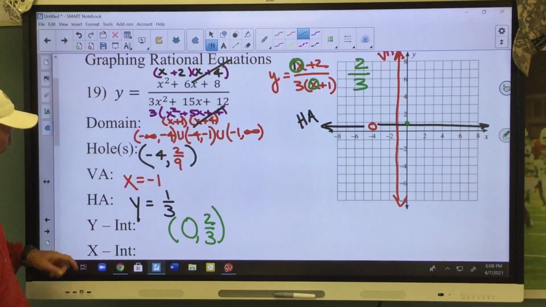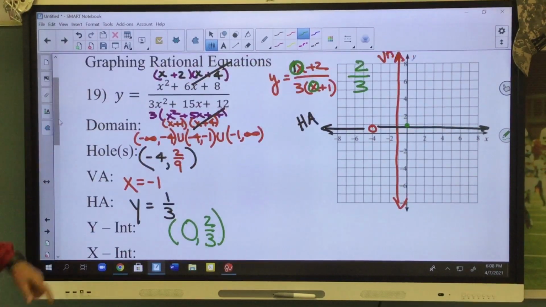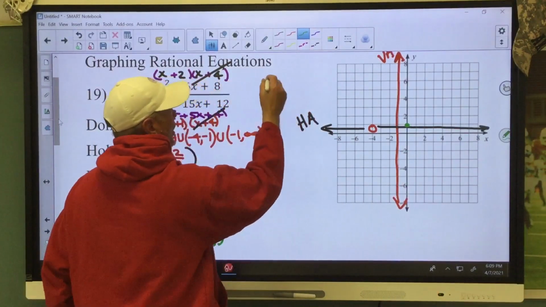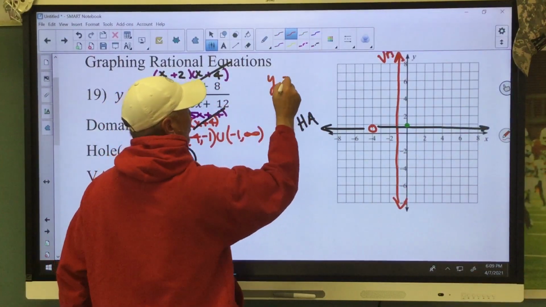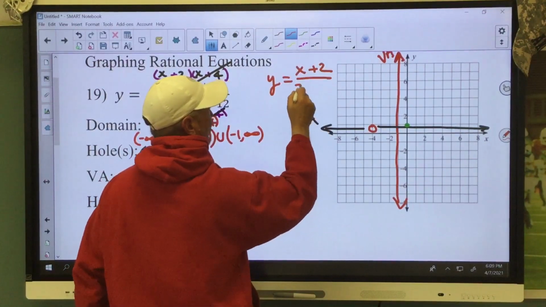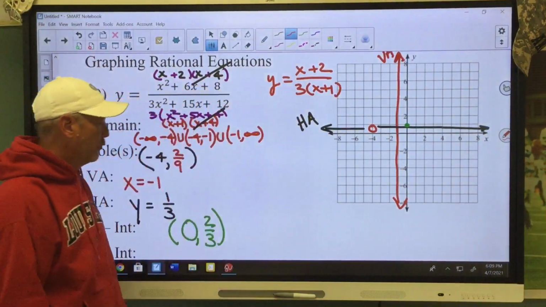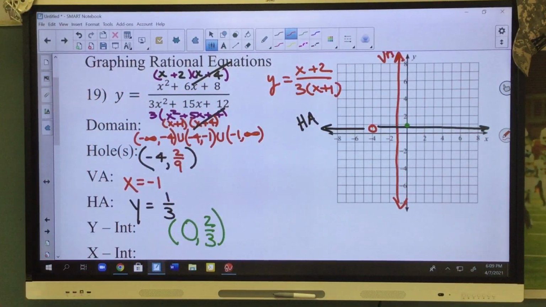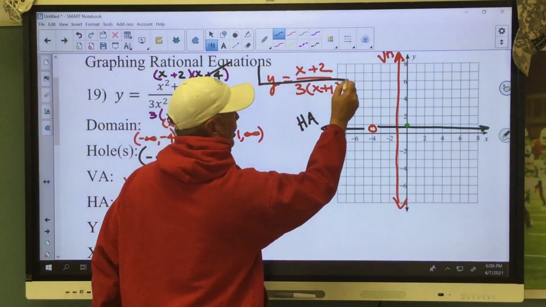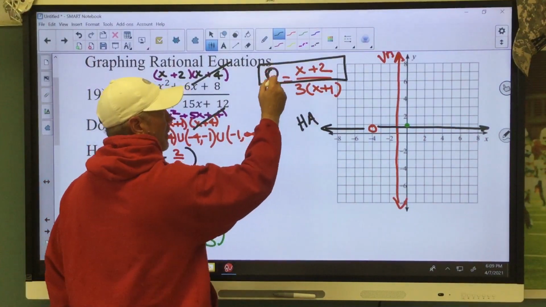Now to find my x-intercept, let me rewrite this because it's a little busy. y equals x plus 2 over 3x plus 1. If you look at your notes, remember, to find the x-intercept, we set the numerator equal to 0.